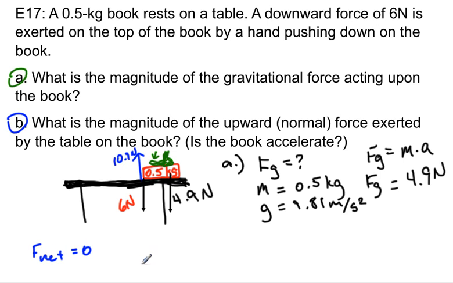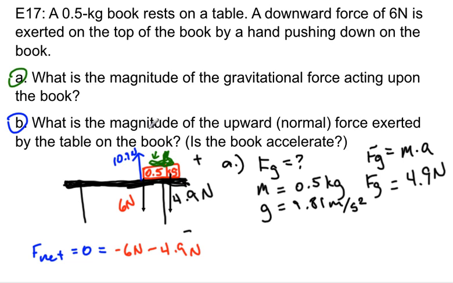Right? So we add up all our forces to get the net. I'm going to say going down is negative, going up is positive. So if we take a negative 6 newtons plus another negative 4.9 newtons, that would give us a total of negative 10.9, so we have to have another force to cancel that out to get a net force, F net, of 0.